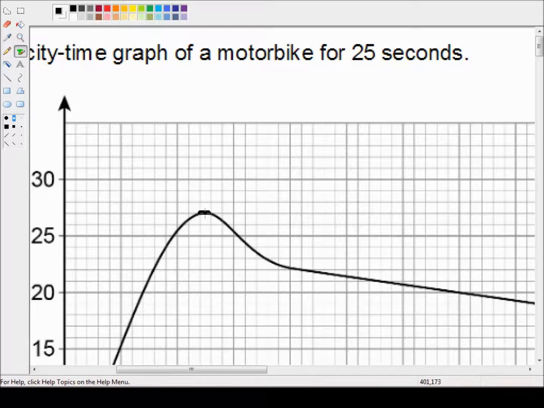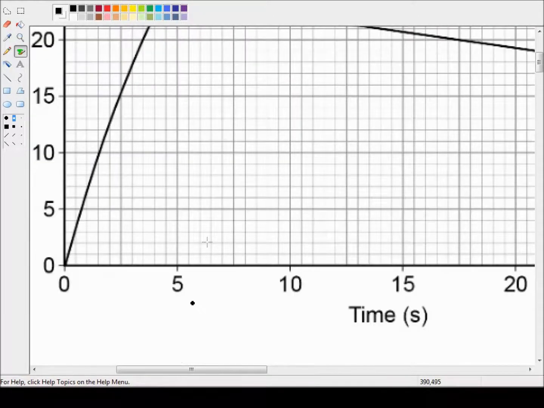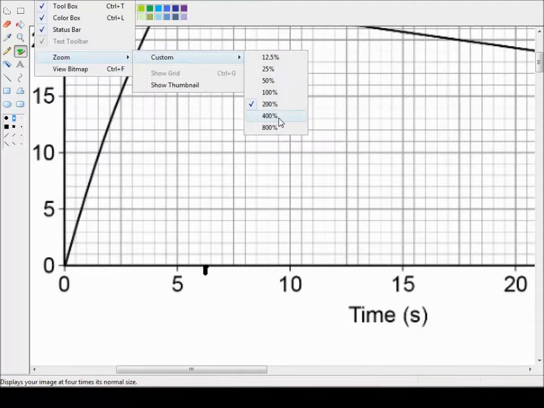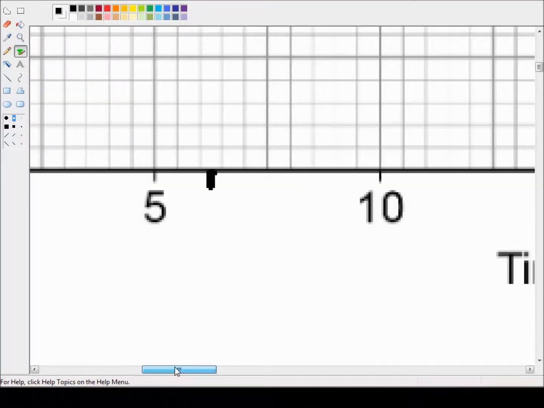So it's this point here. So if we follow this point down, then we're looking at this position here. Okay, let's just zoom in a little bit more and get a really good look at what we're looking at here.